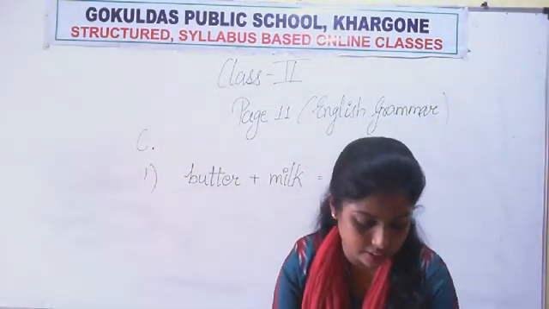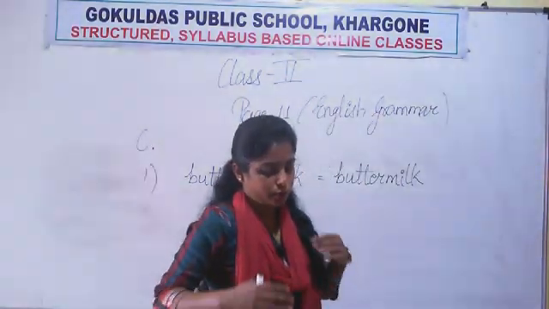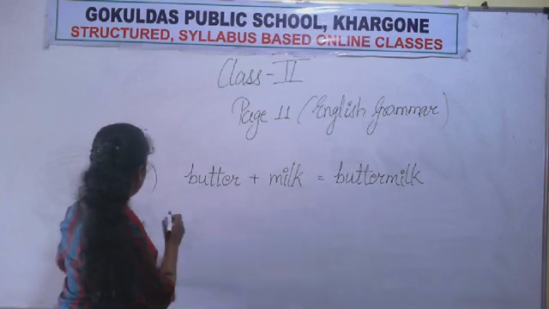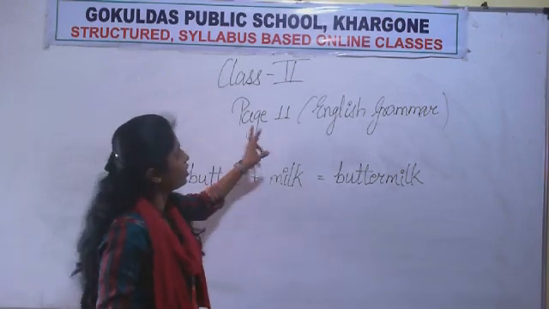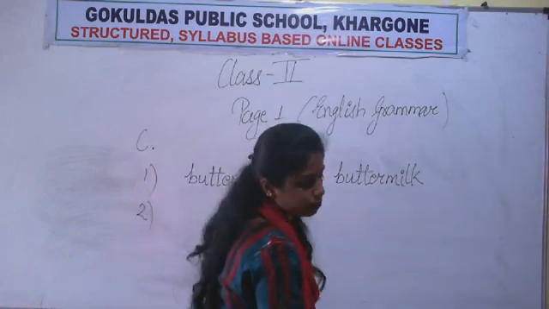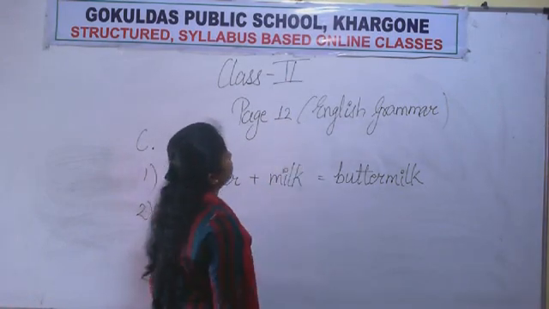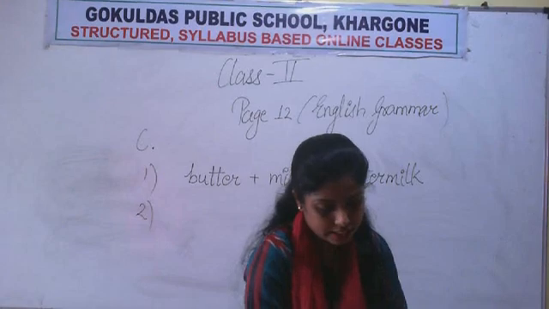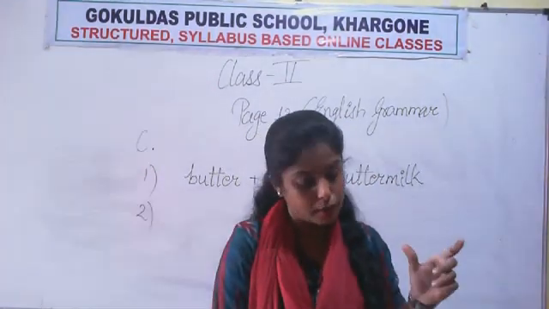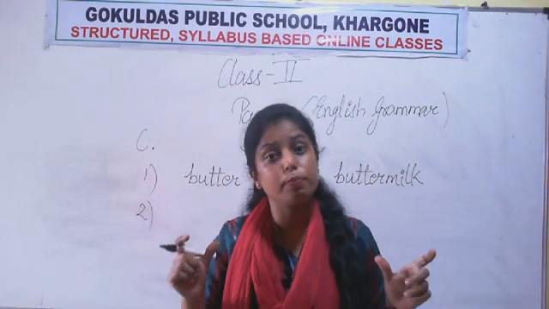Then turning the page, we get question number 2. Turn the page. Now we are on page number 12. The second question: the first picture is of a cup and the second picture is of a board.